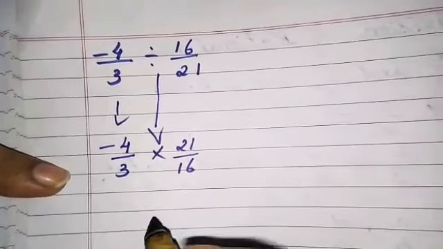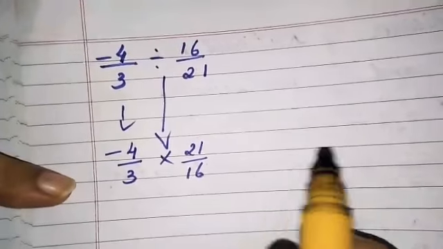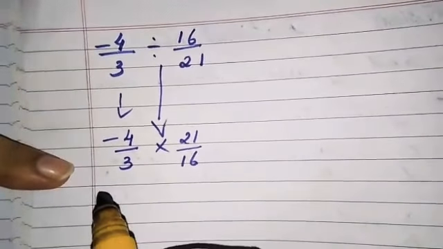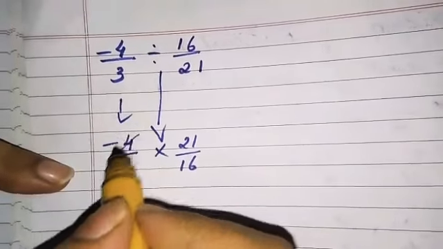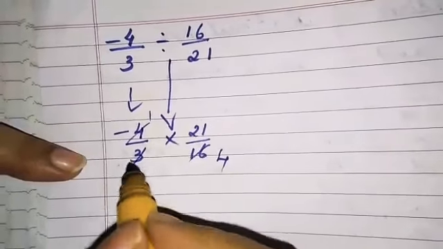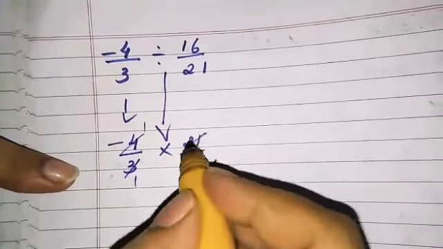Now see if you can simplify these two rational numbers by doing cancellations. I see that yes, we can do it. Here 4 times 1 is 4, 4 times 4 gives me 16, 3 times 1 is 3, 3 times 7 is 21.